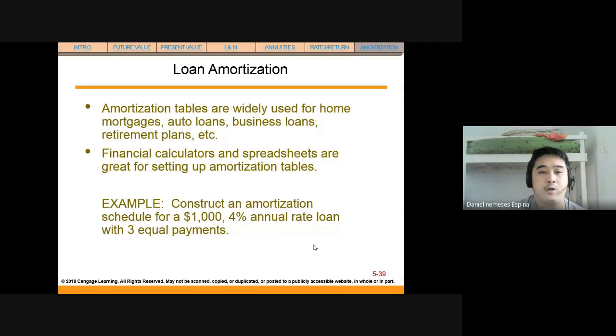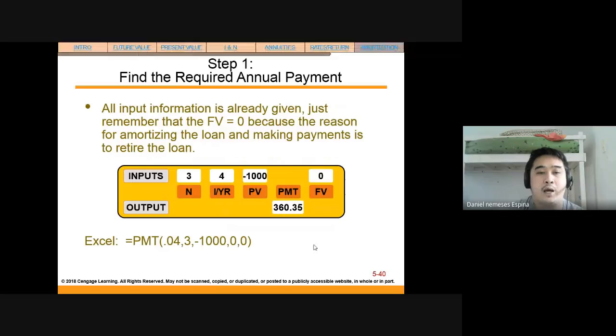So take note, 3 equal payments. So what would you pay each year nga equal, inclusive na ang 4% interest rate? Okay? So to get that, payment ang imong formula. So payment, then rate 4%, 3 years as NPER, negative 1,000 as your present value kay kanang loan proceeds nga imong madawat, that's already the present value.